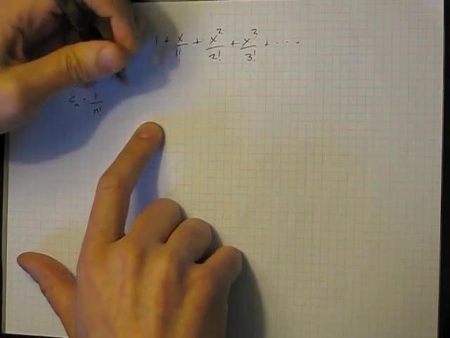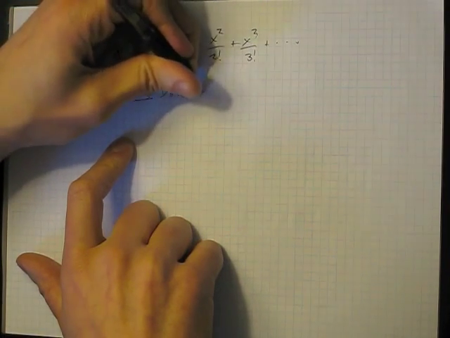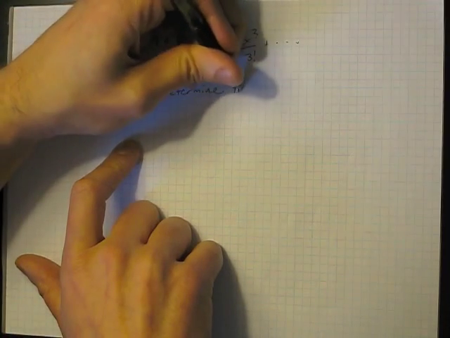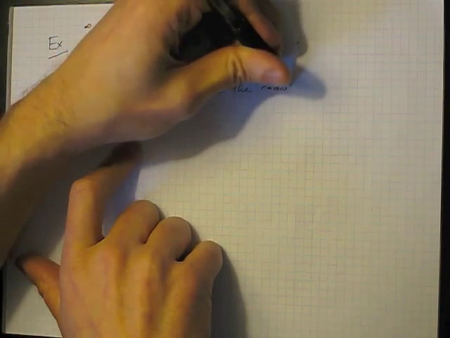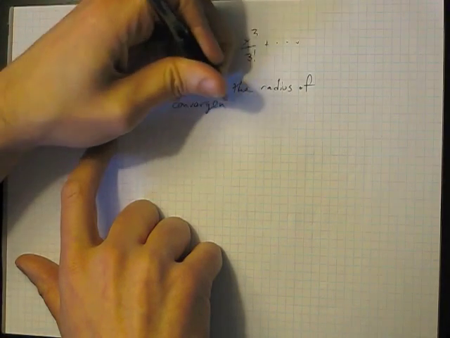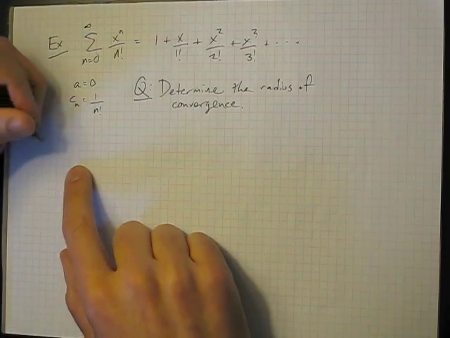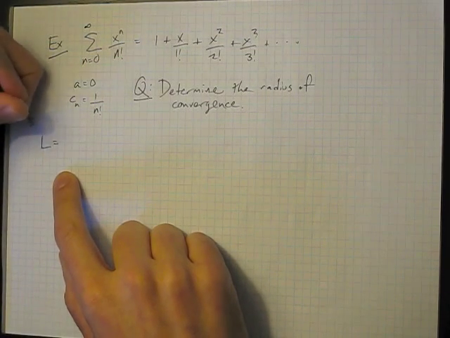Now the question is, determine the radius of convergence. We can do that using the ratio test. So here is our solution.